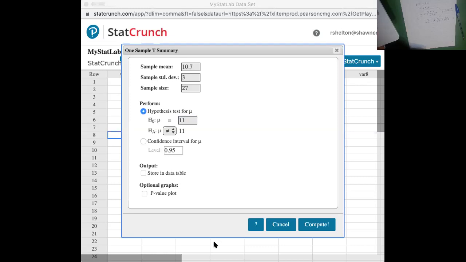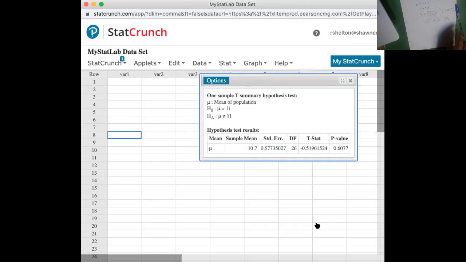We've got everything in, so we say compute, and notice our test statistic is minus 0.5196, p-value 0.6077. So from either one of those we know we're not going to reject.